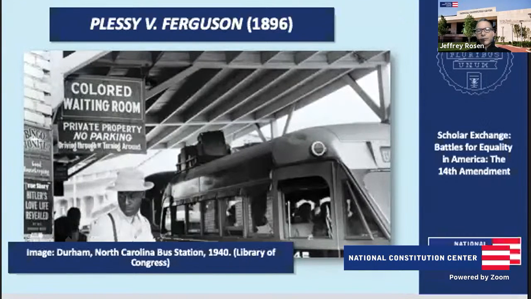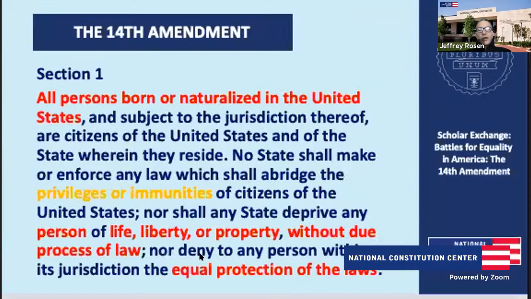The right to be able to travel free from racial discrimination could have been located in the first sentence of the 14th Amendment as one of the basic rights of citizenship of the United States, or in the Privileges or Immunities Clause. But once that's read out of existence, then the court has only two clauses left to consider: the Due Process Clause and the Equal Protection Clause. So now we're going to talk about Plessy.